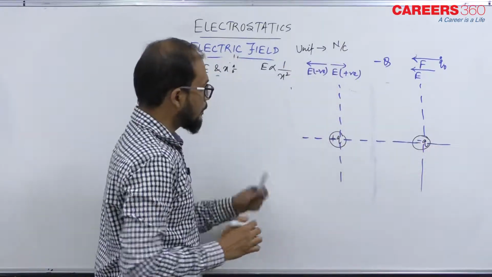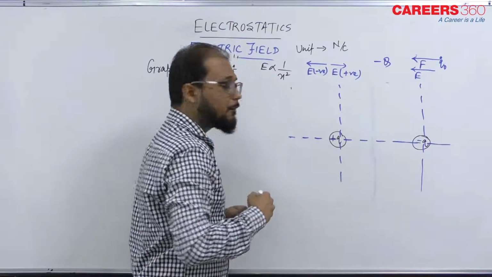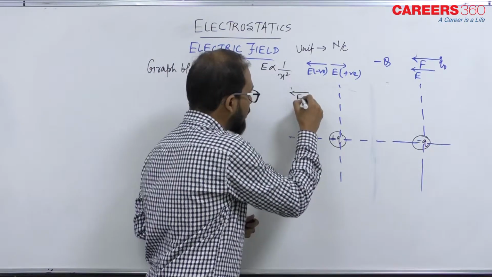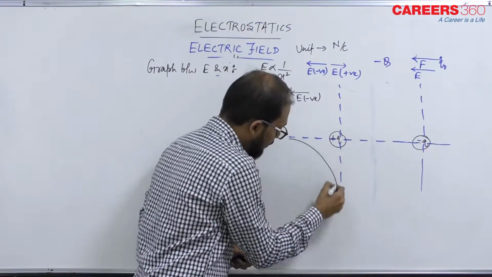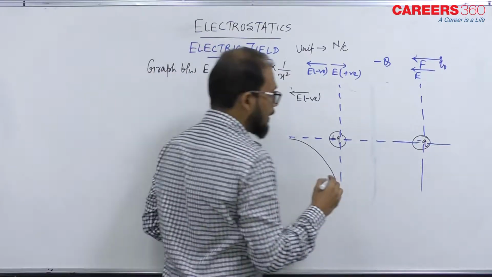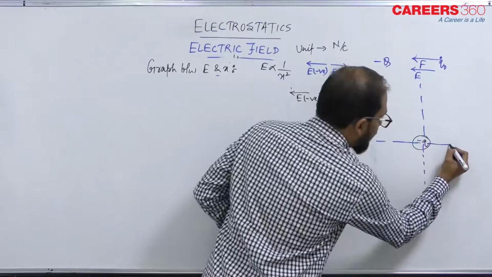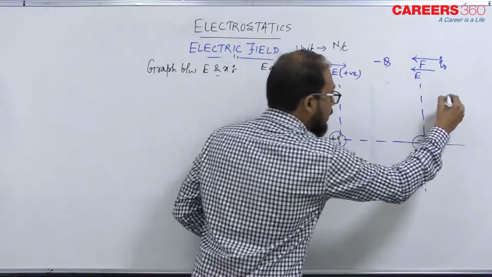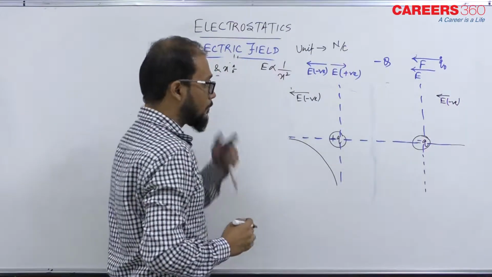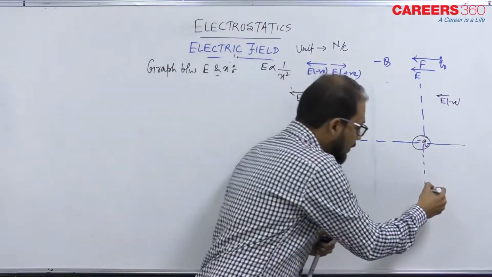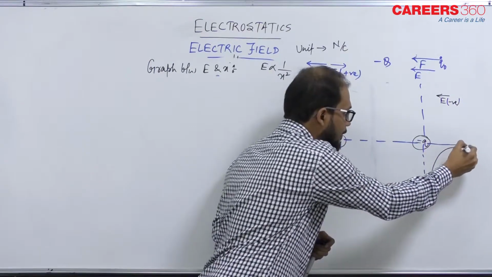Now here the electric field due to plus q charge will be in this direction and it will be negative. That means it will be plotted on this axis and it will be like this. And here this is minus q charge, so the electric field here will be in this direction, that will also be negative. That means the electric field here will be like this. It will be plotted on the axis below the x-axis.